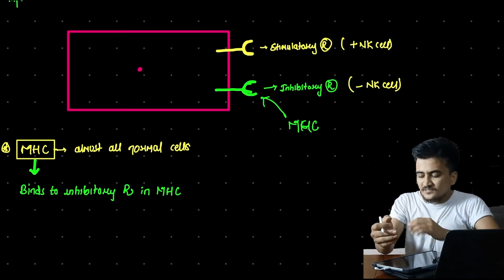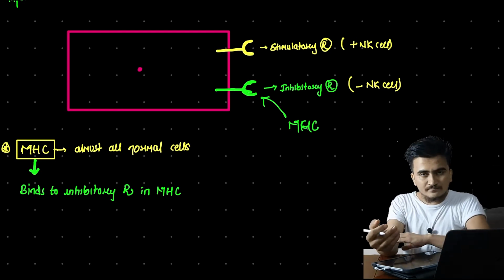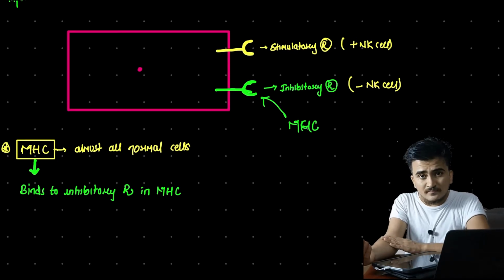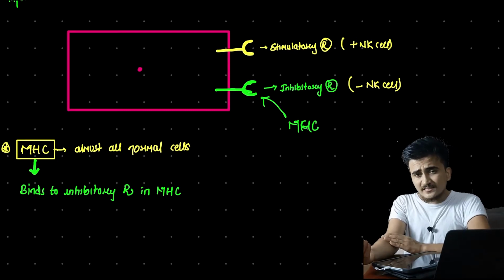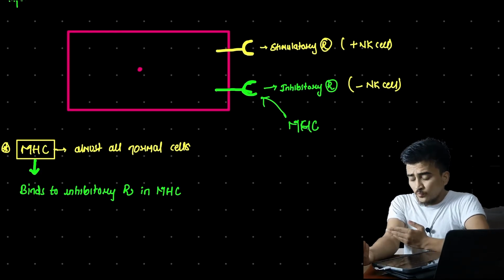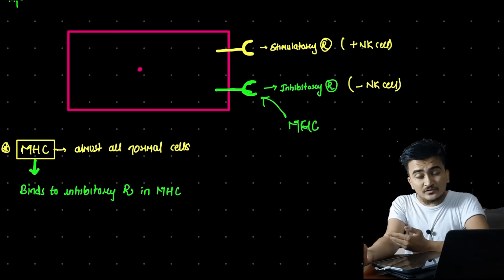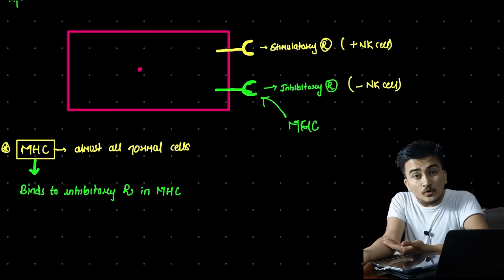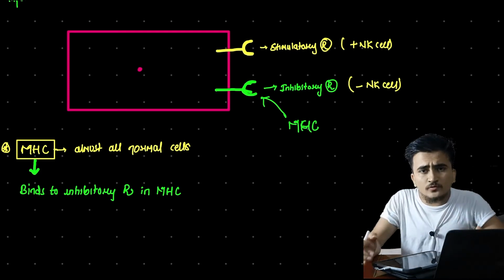We can interpret one important concept through this. There are several normal cells in my body. These normal cells consist of MHC, and the behavior of NK cells is that they kill cancerous cells. When an NK cell comes in contact with a normal human cell, why does it not kill that normal cell?